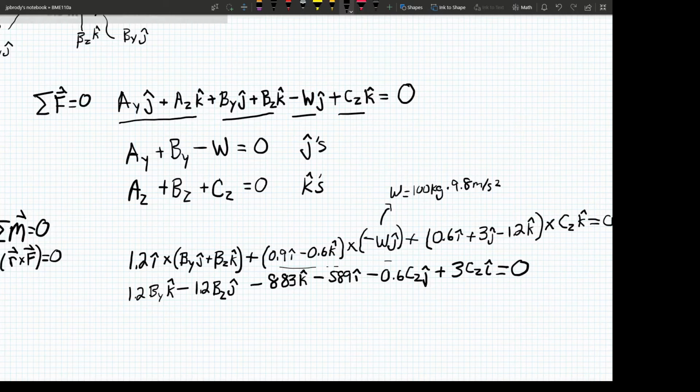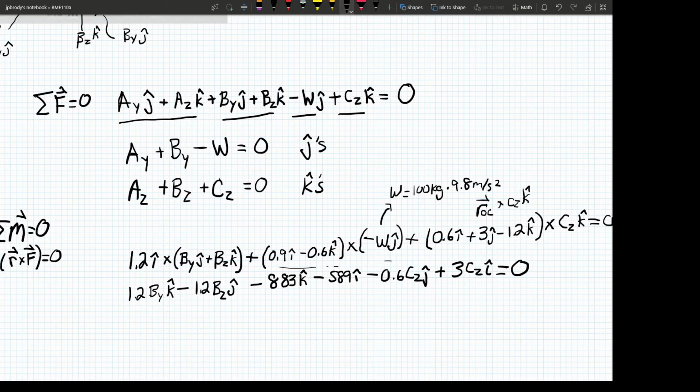Let me show you something here. You can see when we did this, this was the r vector from the origin to C crossed with this c sub z k hat vector. What you could see, we've got the 0.6 c z, i hat, k hat, so that's negative j hat direction. 3 c z, it's a j hat crossed with a k hat, so it's positive.